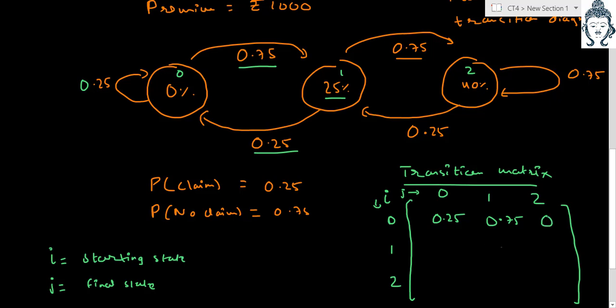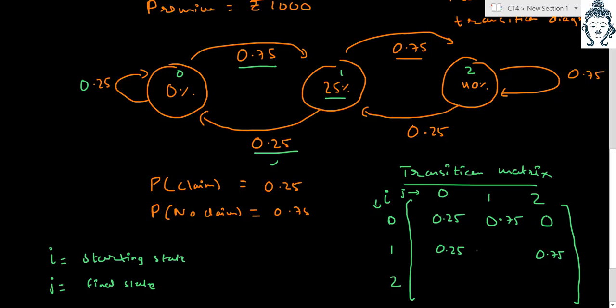Similarly, if you are at 25% discount, that is I is 1. So if you want to go from 1 to 0, the probability is 0.25 as shown here. Then if you want to get from 1 to 2, there is an arrow from 1 to 2, that is 0.75.